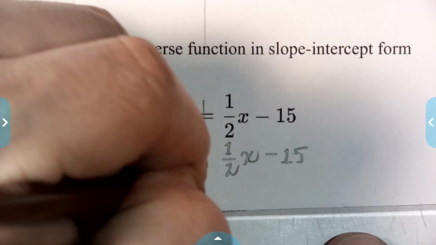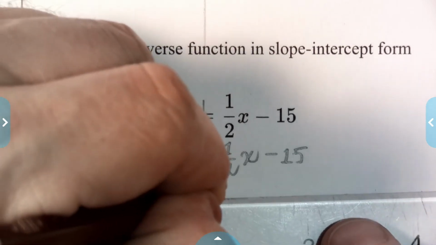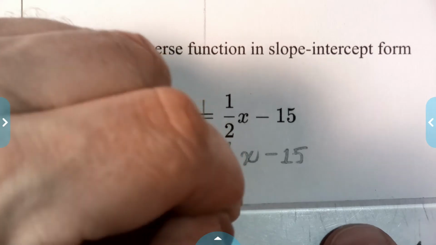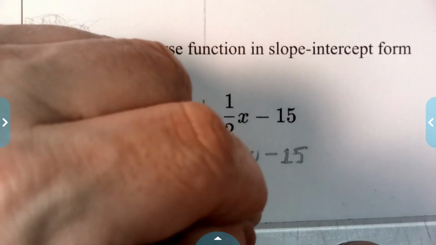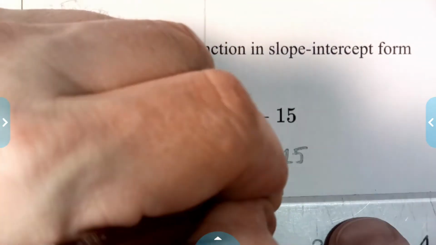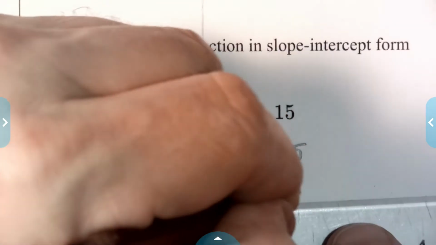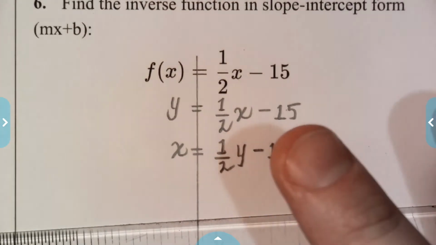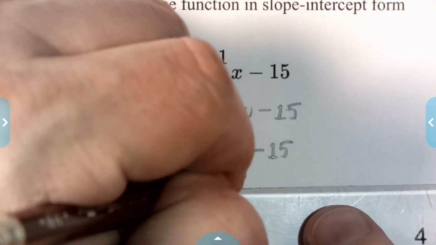So now x equals 1/2 y minus 15. And then I'm going to solve for y. And I'm going to go ahead and just move this negative. So I'm going to move the 1/2 y over.